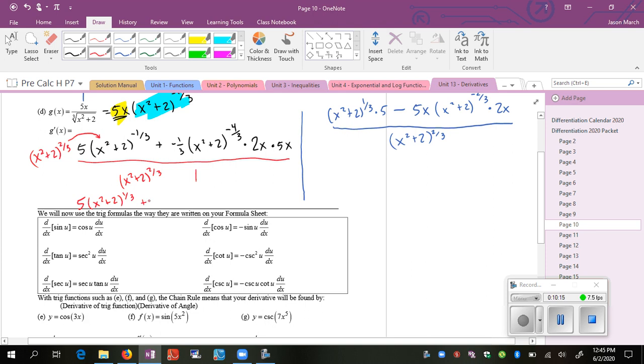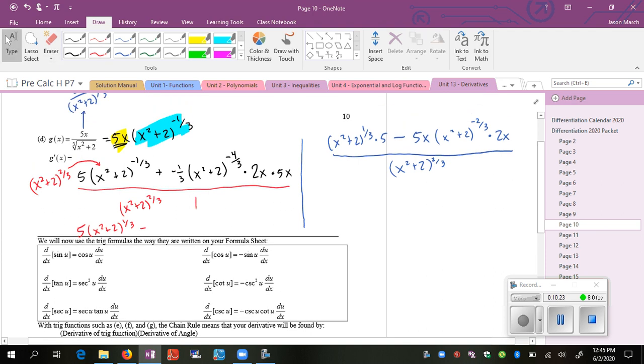plus, or minus technically, right? Because I got a positive times a negative. So I have minus, let's see, so we have 1/3 x squared plus 2.